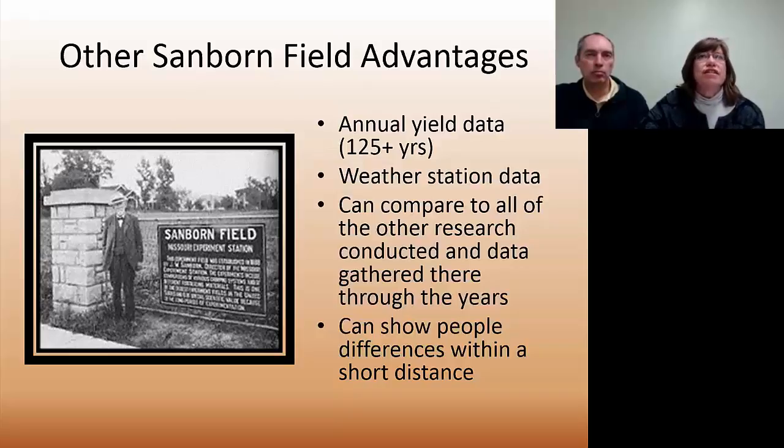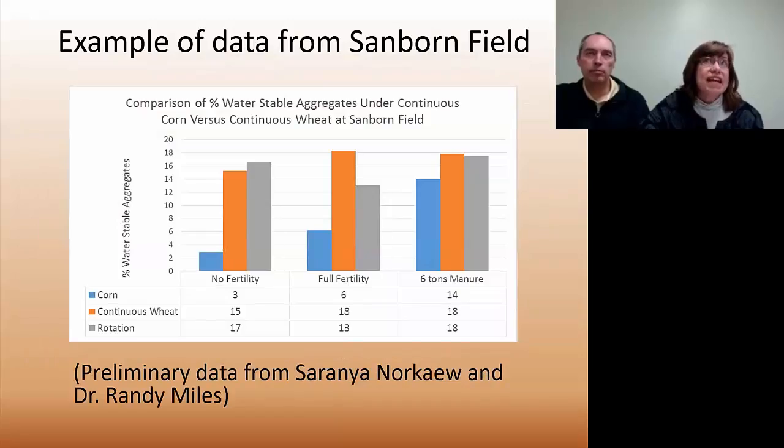Then the example of the data from Sanborn Field, here you can see we have 3 different cropping systems. We have continuous corn, continuous wheat, and a rotation with corn, wheat, and red clover. So with no fertility, this is water-stable aggregates. You can see that the corn was well below the wheat and the rotation.